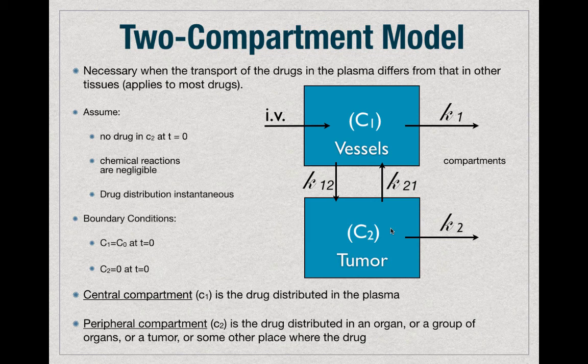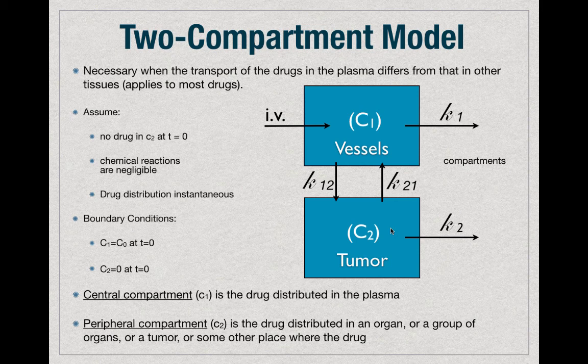The boundary conditions for these equations are that the concentration in compartment 1 equals C0 at T = 0, which you'll recognize from our one compartment model, and that the concentration of the second compartment, in this case the tumor, is 0 at T = 0. The central compartment, C1, is the drug distributed in the plasma, and the peripheral compartment, C2, is the drug distributed in an organ or a group of organs or a tumor or some other place where the drug needs to get.